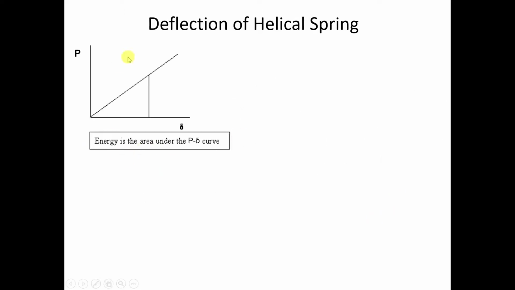Let's calculate the deflection of a helical spring. In our previous slide, we have already discussed that the work done by the force P will be given by the area under this curve. So this work done can be represented by half into P into del, where del basically represents the deflection of the spring.